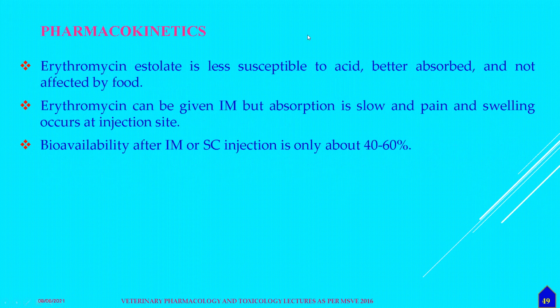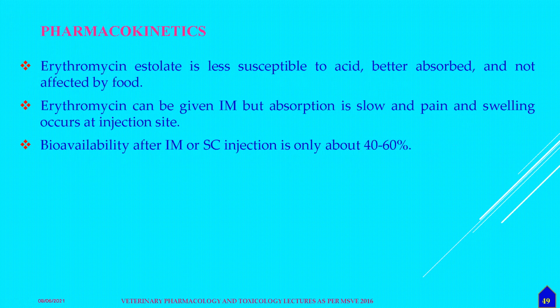Then the erythromycin acetylate is susceptible to acid. So usually 90% of the drug is available as erythromycin acetylate. It can be given intramuscular, but absorption is slow and pain and swelling occur at the injection site. This is one of the greatest disadvantages.